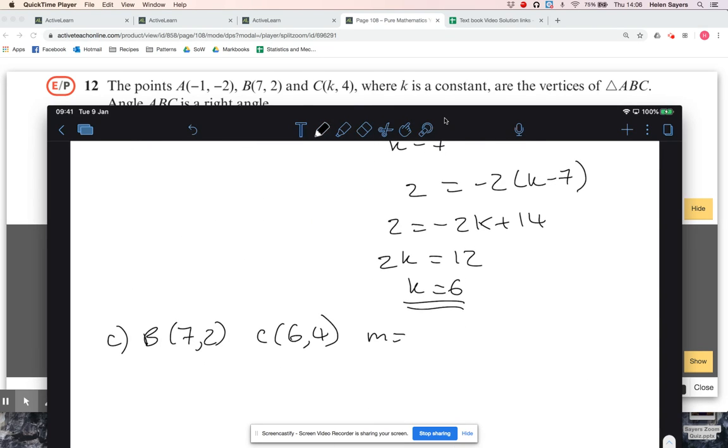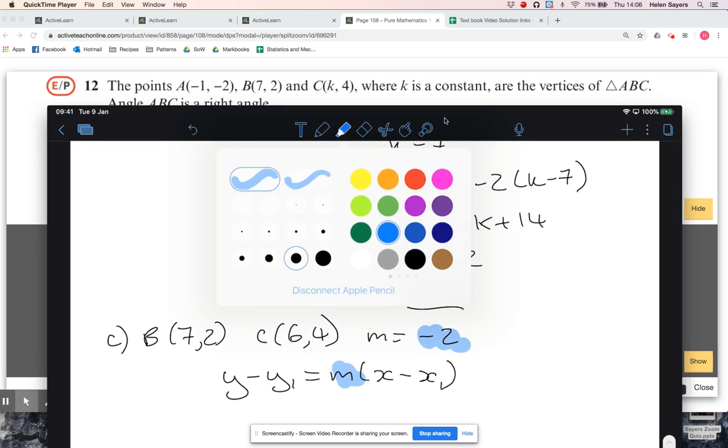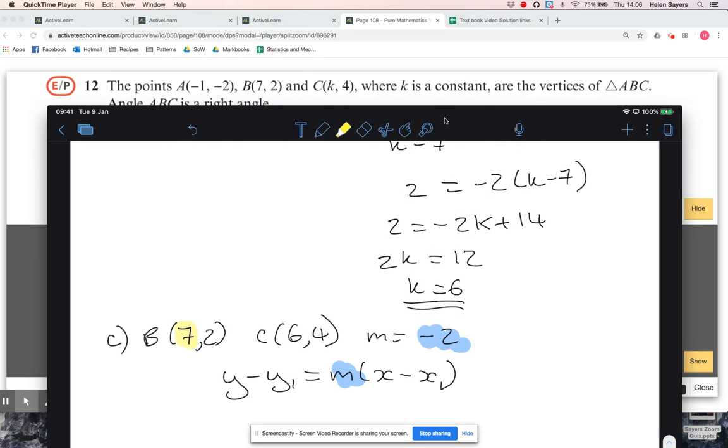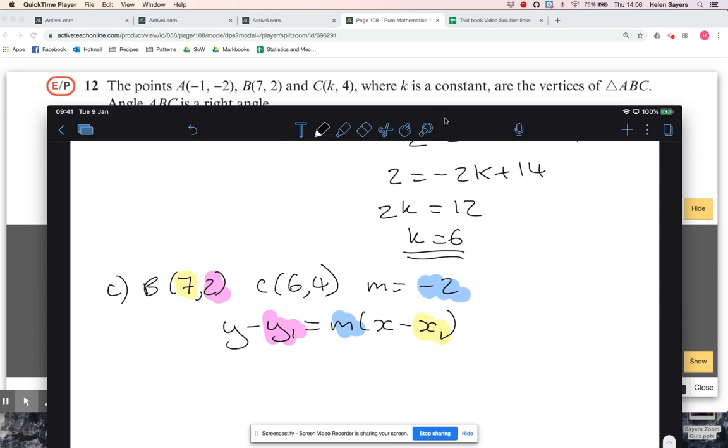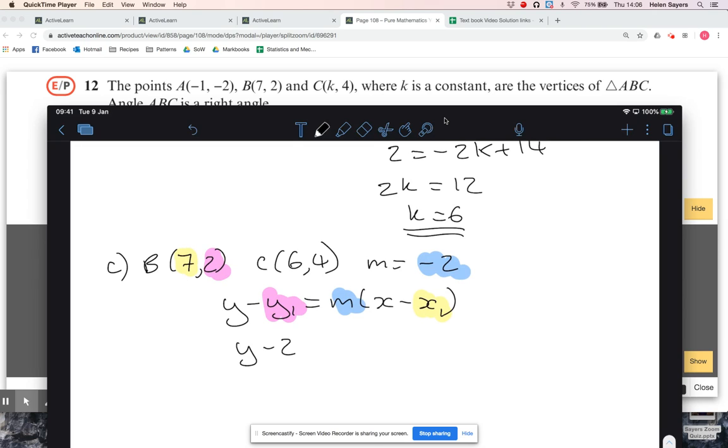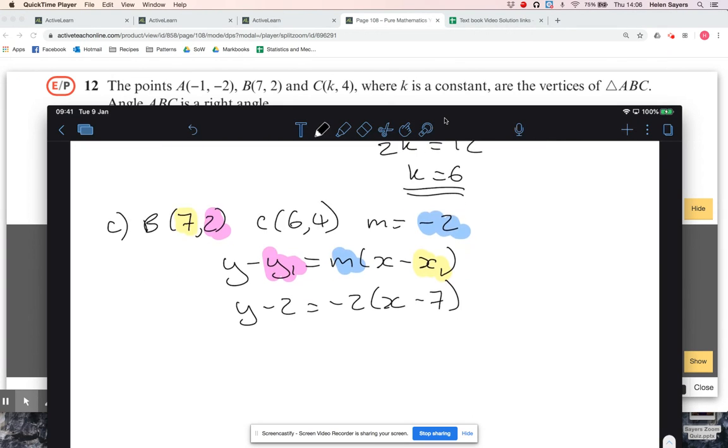So we don't actually need the coordinates of C, because I'm going to use y minus y1 is m times x minus x1. I've got my gradient, and I can just use B. So y minus my y coordinate is my gradient times x minus my x coordinate.